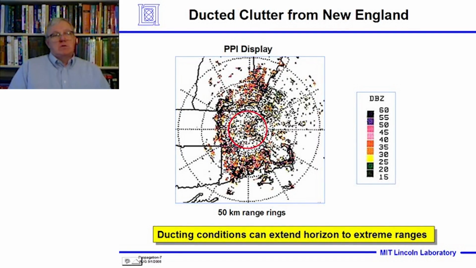Typically under normal atmospheric propagation, you just see a little bit of ground clutter around the Boston area. You might see a little bit from the hills around Worcester in central Massachusetts, but not much else. You would not see any detections from Cape Cod, which is 50 to 100 feet above sea level at the most, out at 100 kilometers. You just wouldn't see it.